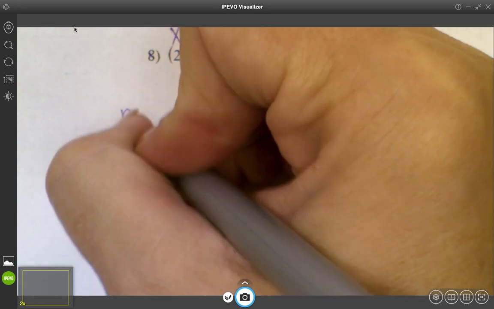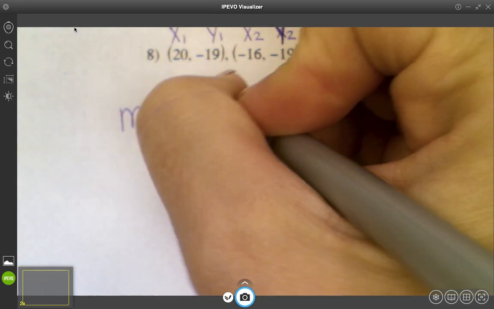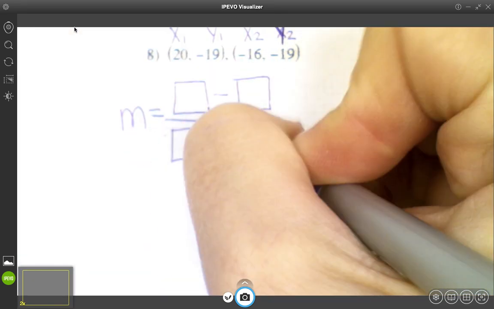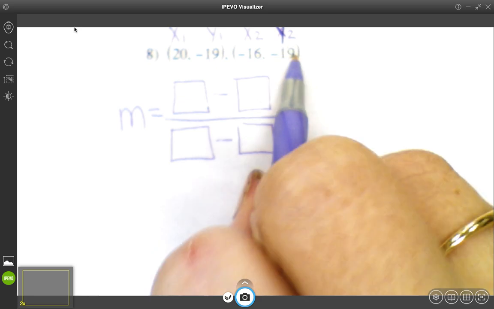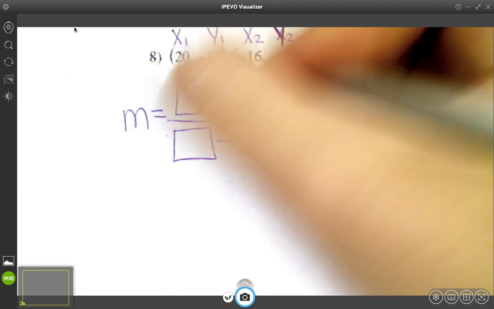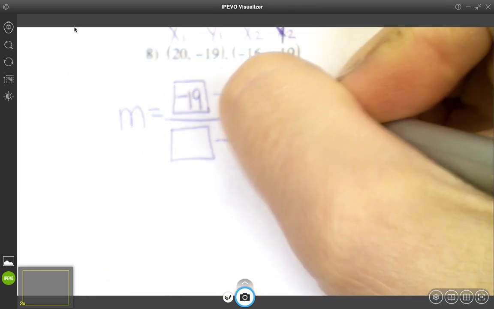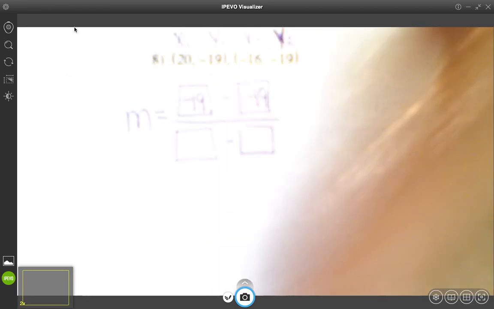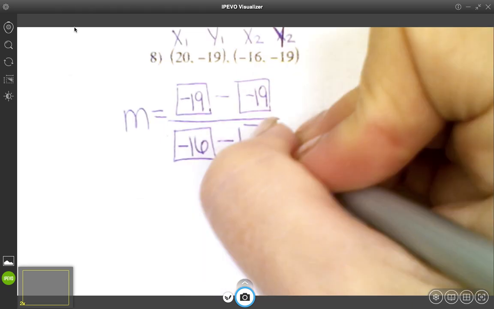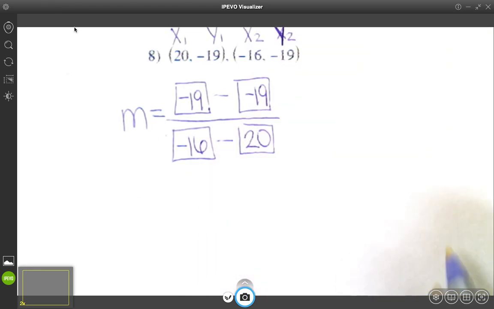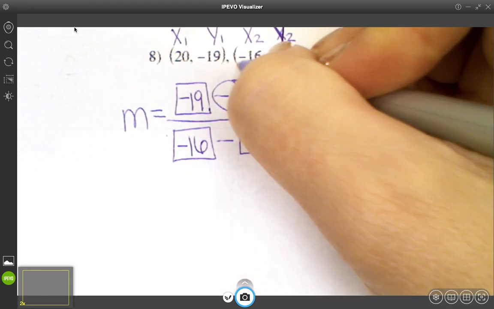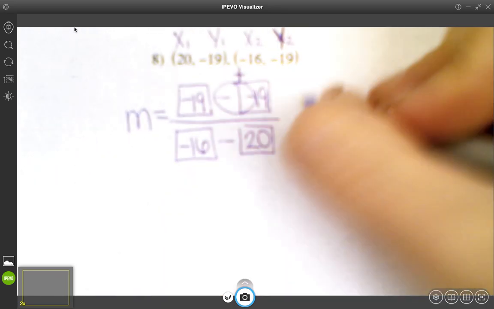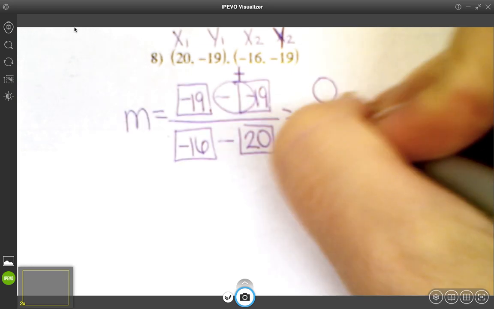All right, so we are subtracting our y values on top, x is on bottom. So my y's, y2 is negative 19, so is y1. So we got a negative 19 here, a negative 19 here. And then on the bottom, my x2 is negative 16 and my x1 is 20. Now we all know that this means add. So negative 19 plus 19 gives me a 0.